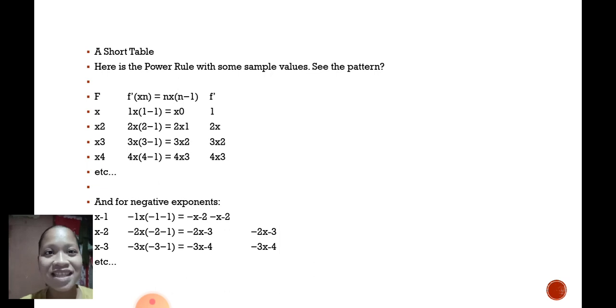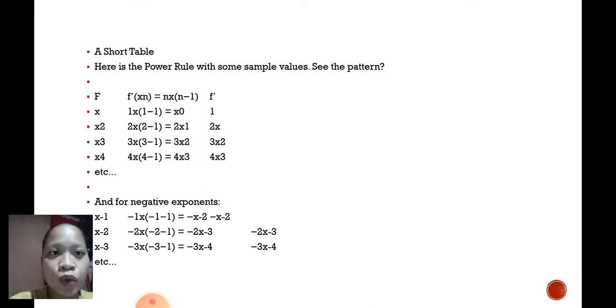This is a short table of the power rule with some sample values, so we can see the pattern. The derivative of x to the n is nx to the n minus 1.